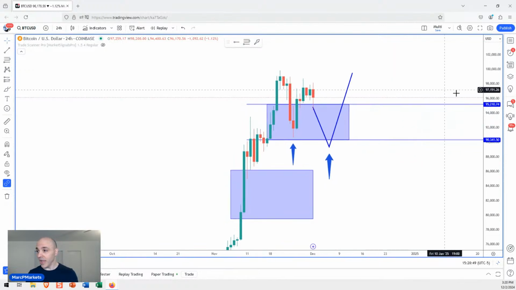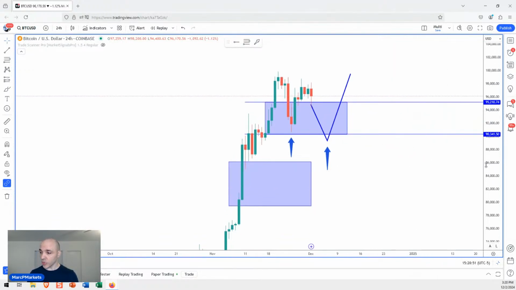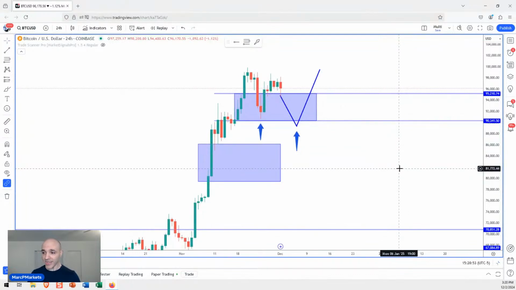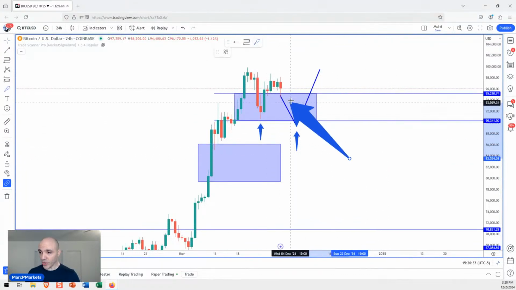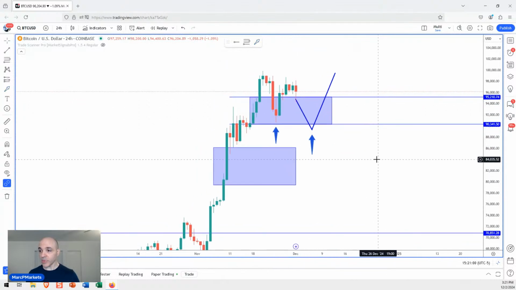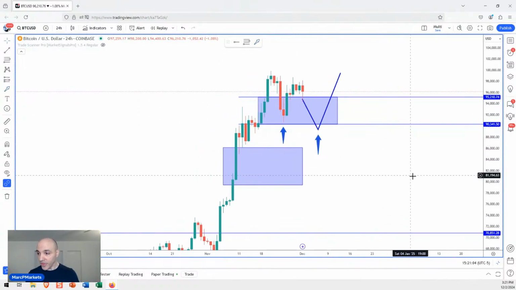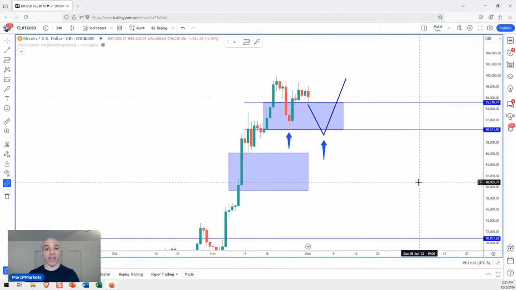I don't know why. So this chart right here is my daily chart. And this situation that I'm calling for is all about the risk, and that's what I talked about in my article. This can go either way from here.